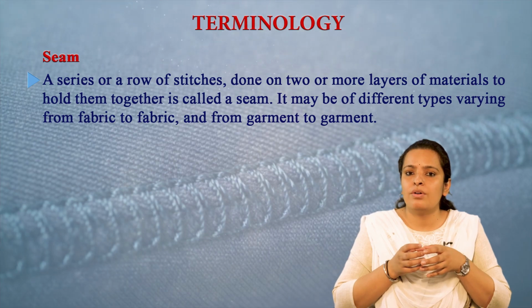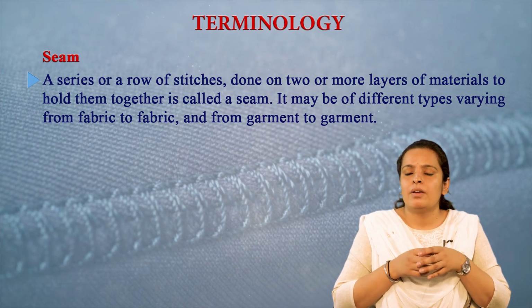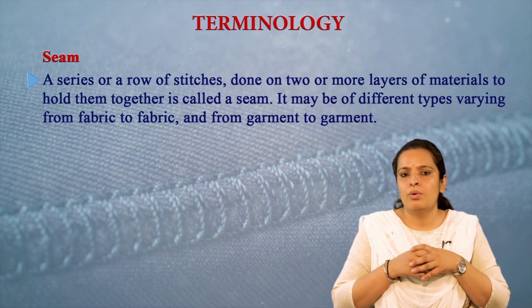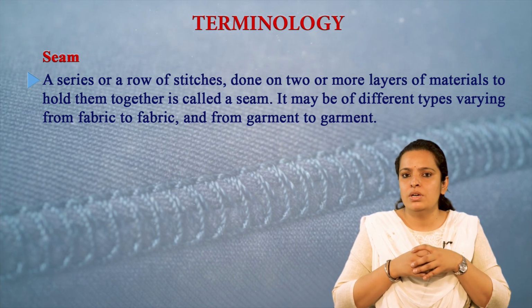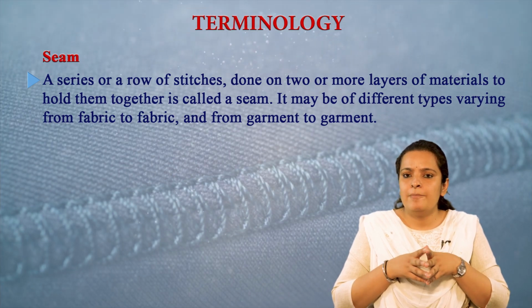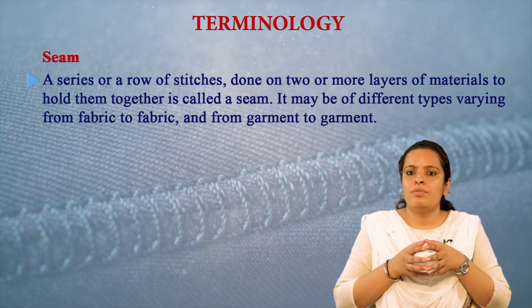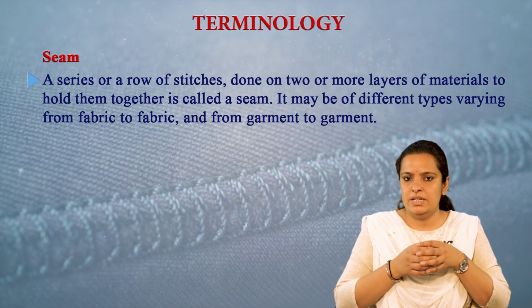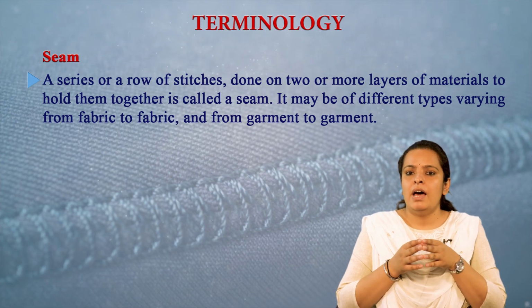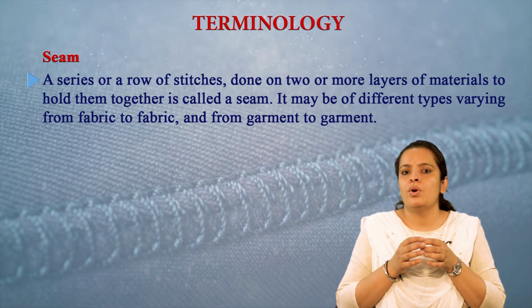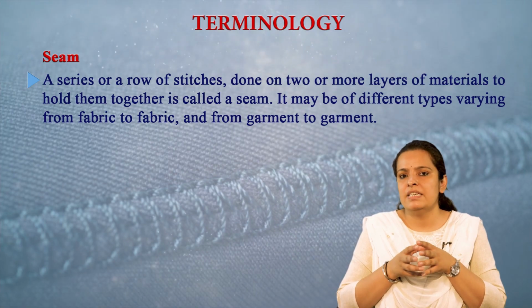But a series or a row of stitches, loop formation done on 2 or more layers of the material to hold them together, is called a seam. So when we join or stitch 2 or more layers of material or fabric together, that collective row of stitches is called a seam.